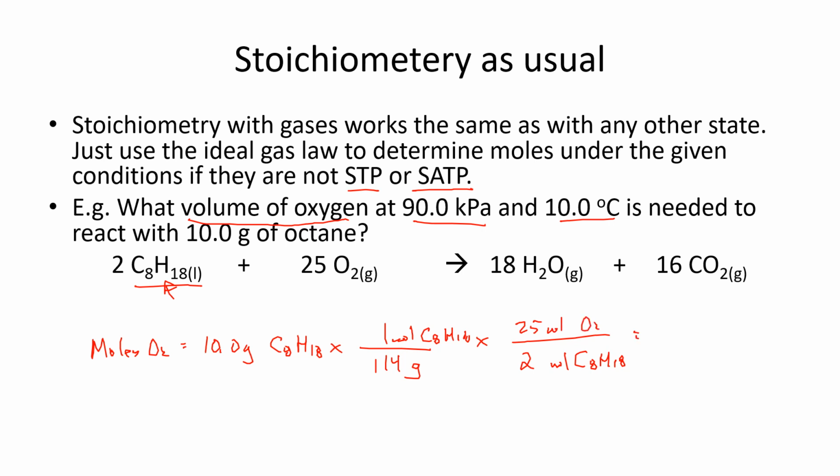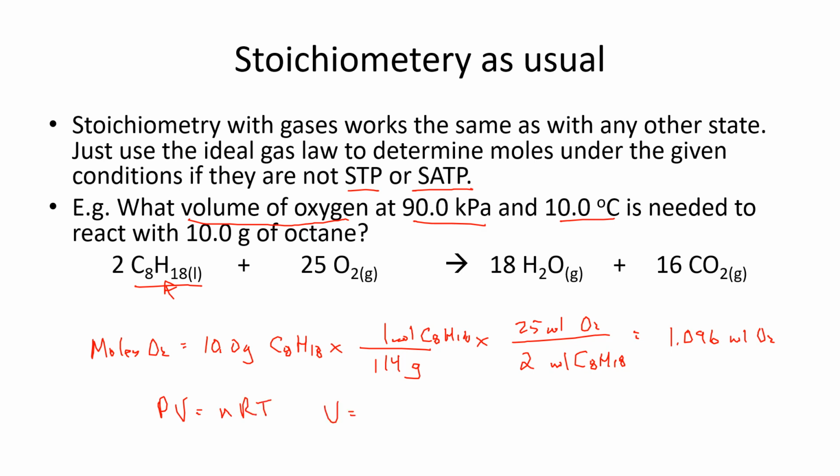So let's work that out. So 10 divided by the 114 times 25 divided by 2. And so I would get pretty close to 1.096 moles of oxygen.